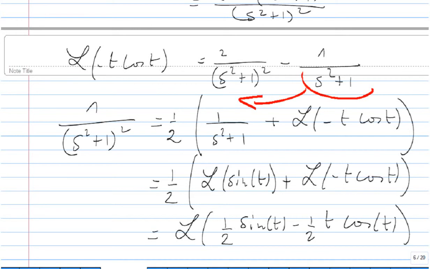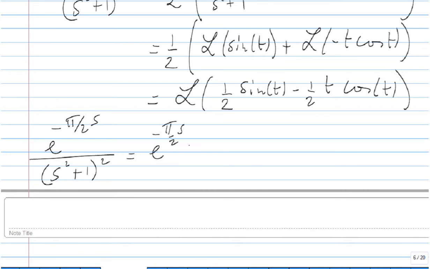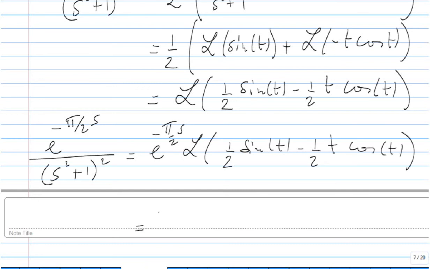But the one we had was e to the minus pi over 2 s over s squared plus 1 squared. So this will be e to the minus pi over 2 s times the Laplace of 1/2 sine t minus 1/2 t cosine t. Now let's use the formula.